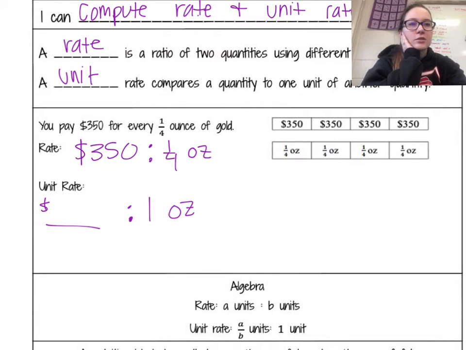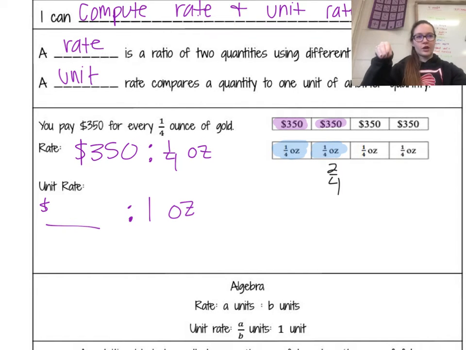So up here on this little diagram, we see that we have $350 for 1/4 ounce, okay? If I want to add another 1/4 of an ounce, which right now would be 2/4, I need to add another $350, right? The ratio stays the same. For every 1/4 ounce, you add 350. I'll scooch him down a little bit.